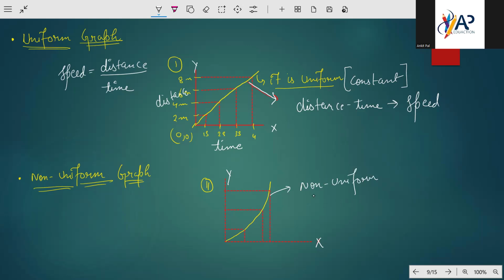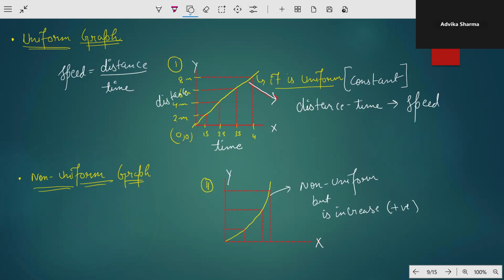Non-uniform, but the graph is increasing. Even so it is positive, right or not? Yes.